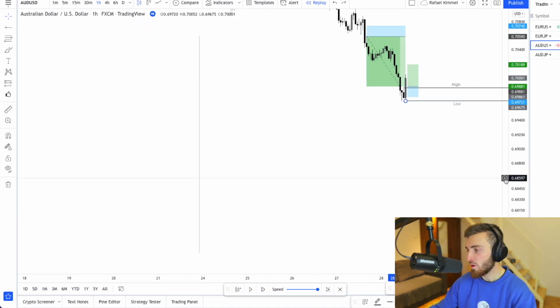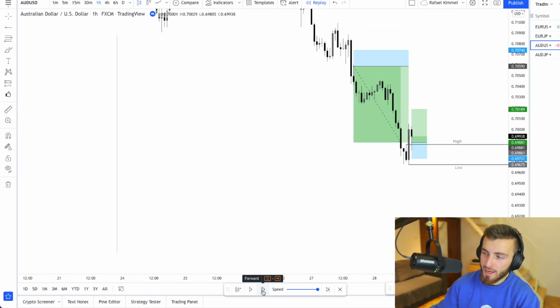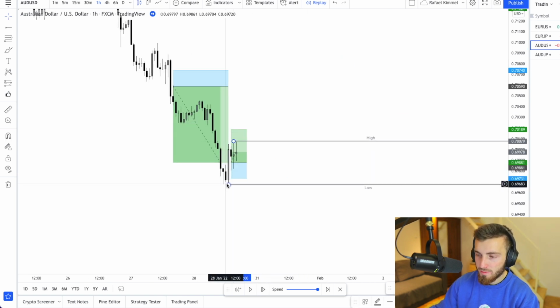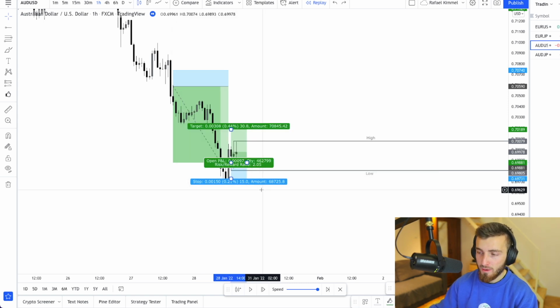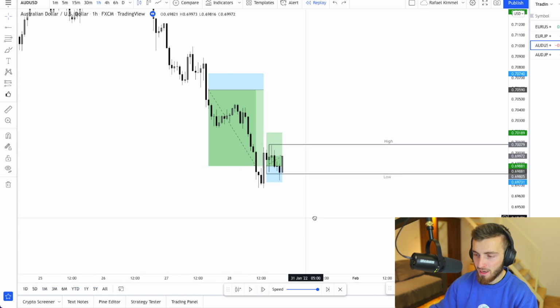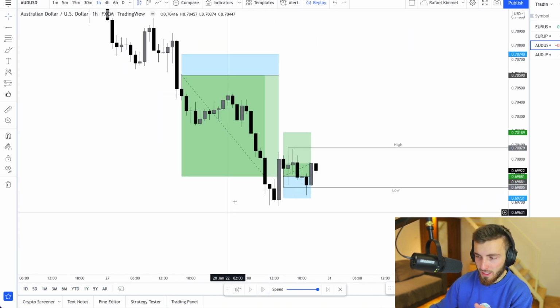But for the 1% risk, I was happy entering in this trade. What happens? Boom, I get tapped in. We break the high, reducing my risk to around 9.6 divided by 15, 0.64% risk, and then I get tapped out just at the end of the market, which I was kind of happy with, and I will tell you why.